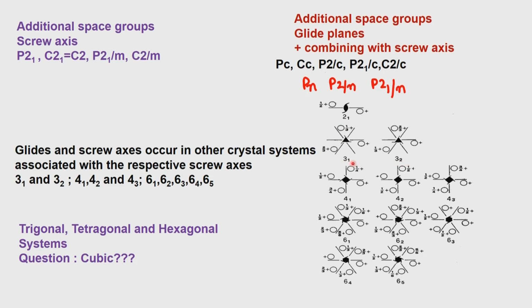Like you can think of a situation where you have a 3-fold axis in a cube. So obviously the possibility of 3-1 and 3-2 in a cube is indicated. You also have the 4-fold rotation in a cube. So those are also indicated.